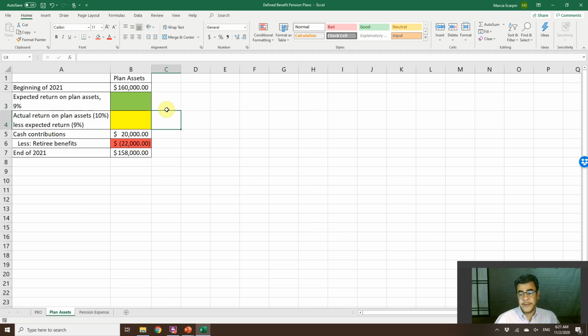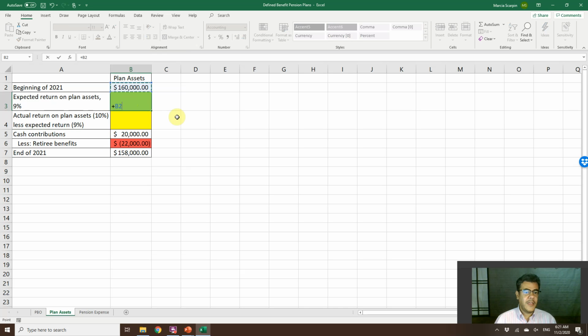Let's consider our beginning balance is $160,000. We have a 9% expected return, and the actual return is 10%. So the expected return is the beginning balance times 9%. That is our expected return.